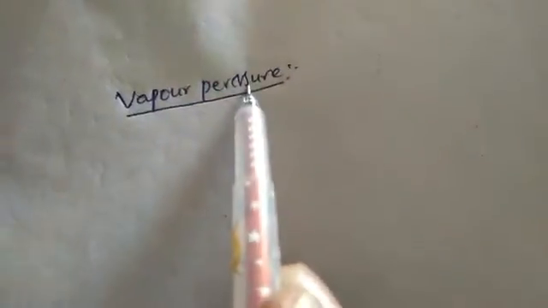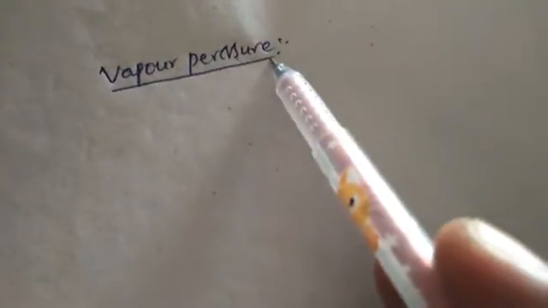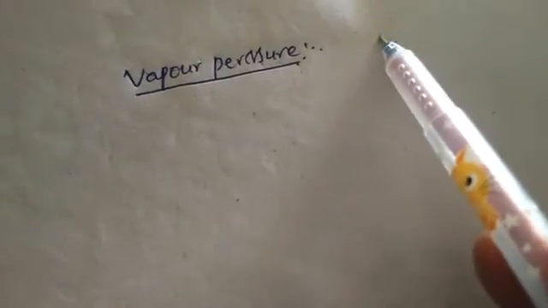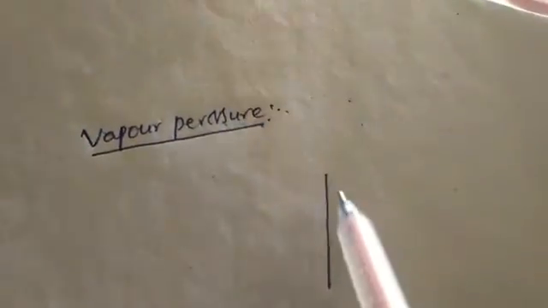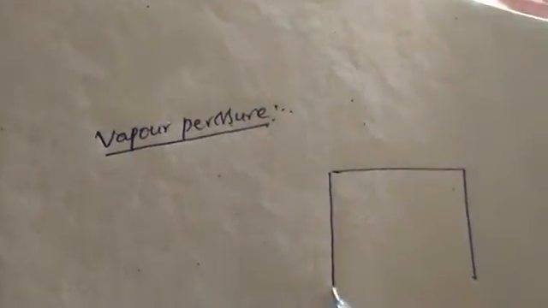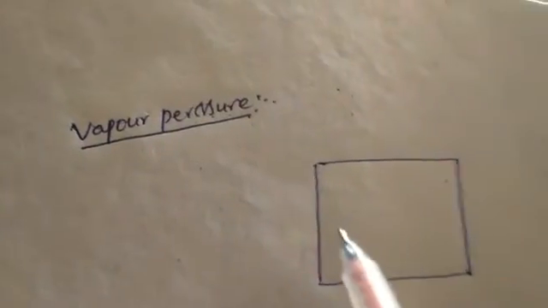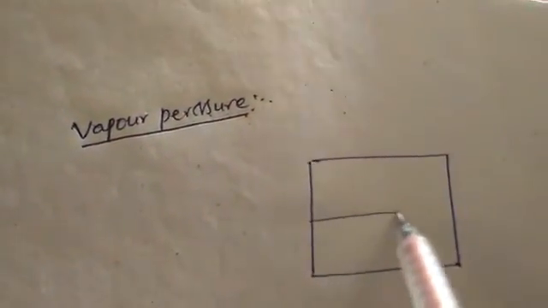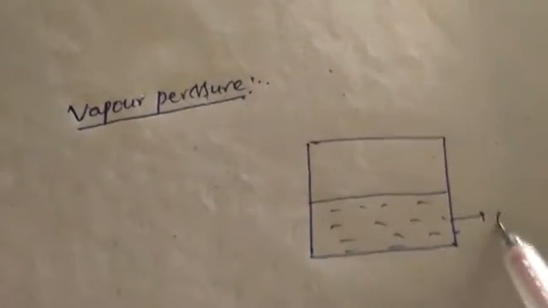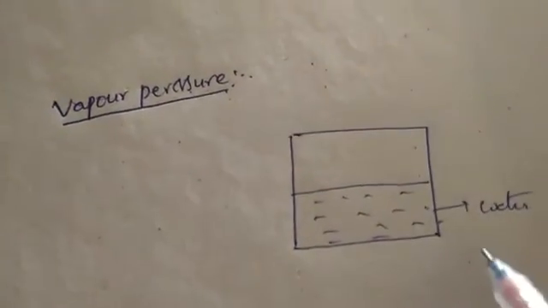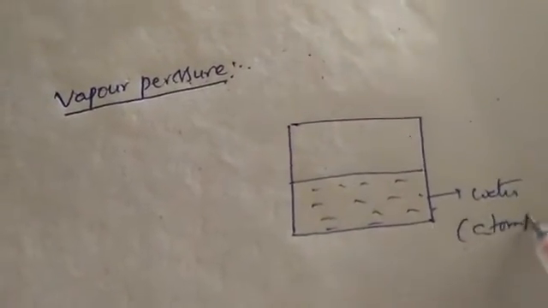So first I will start with vapor pressure. I can explain with a diagram. For example, take a closed vessel with some amount of water, and this is atmospheric pressure.